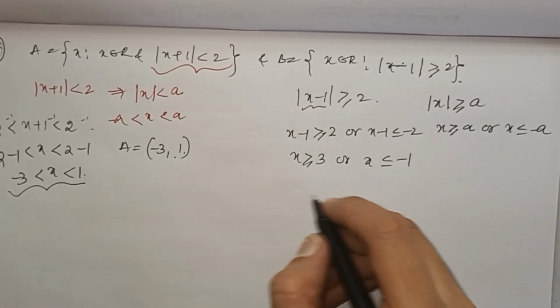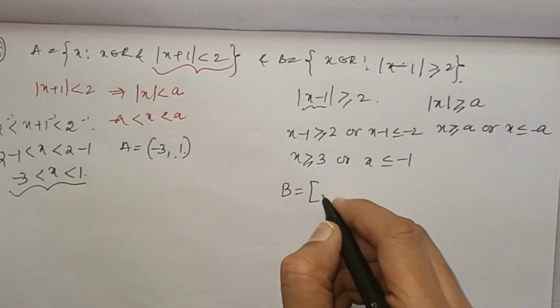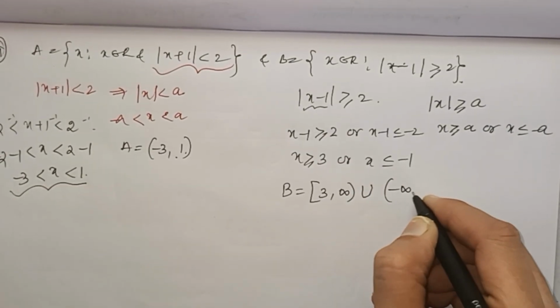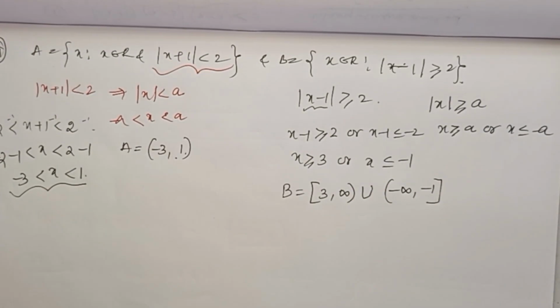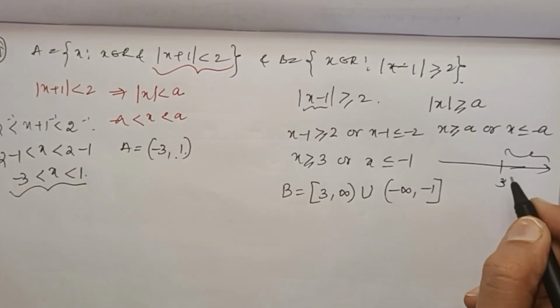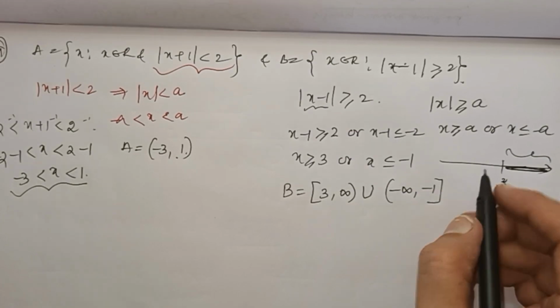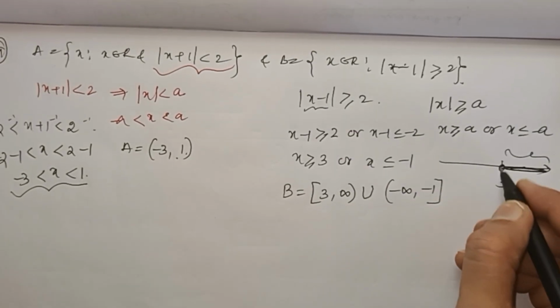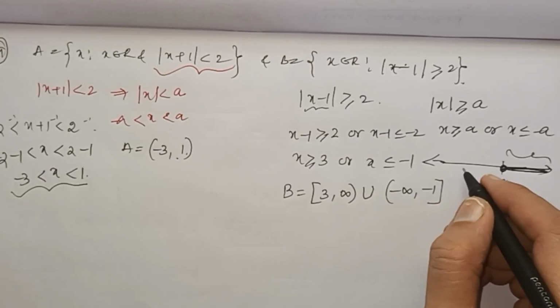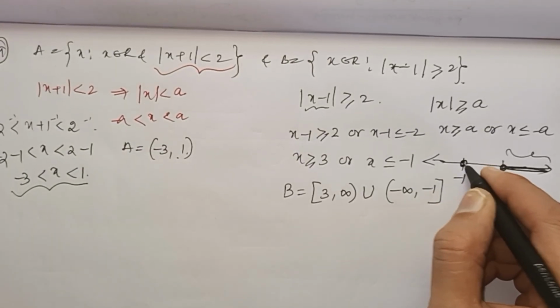So the solution set B equals [3, ∞) union (-∞, -1]. On a real number line, 3 to infinity, 3 is also included, and another part is minus infinity to -1. Minus 1 is also included.